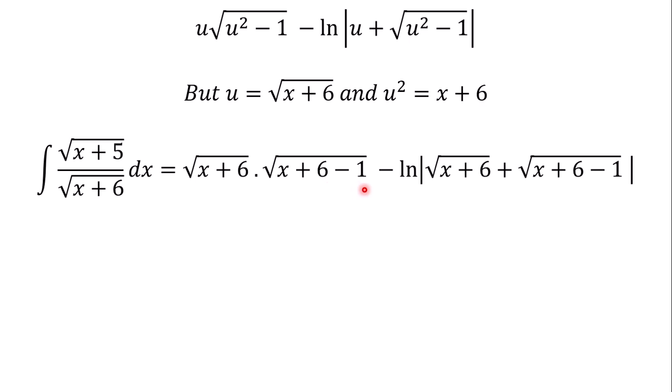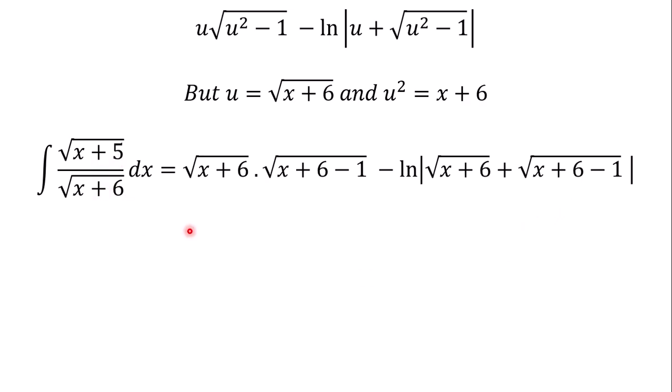X plus 6 minus 1 will give us 5. Now we minus natural log absolute value. Remember here was u, and u is equal to square root of x plus 6, and then plus, the other side was just u squared minus 1, and u squared is equal to x plus 6. So here we're going to get 6 minus 1 will also give us 5.